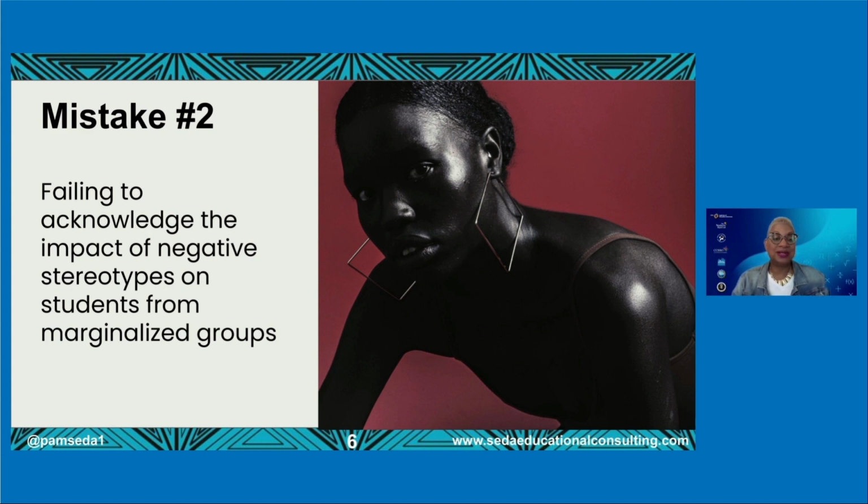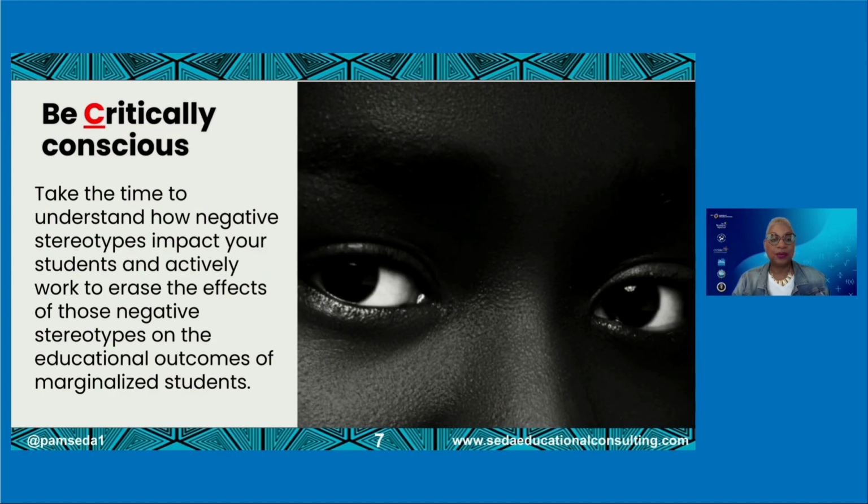So what do we do instead of not acknowledging the impact of stereotypes? Well, what we need to do instead is be critically conscious. What does that mean? That means take the time to understand how negative stereotypes impact your students and actively work to erase the effects of those negative stereotypes on the educational outcomes of marginalized students.